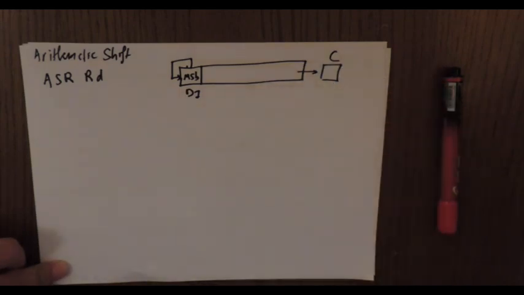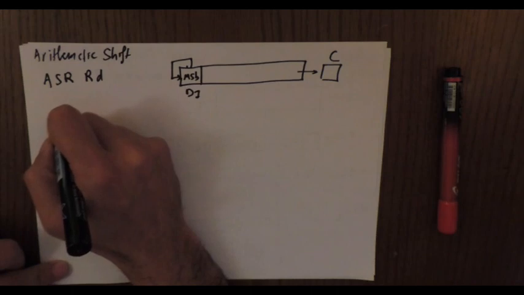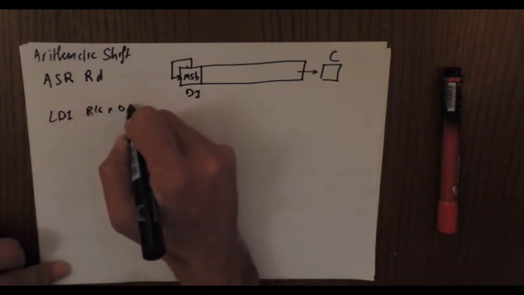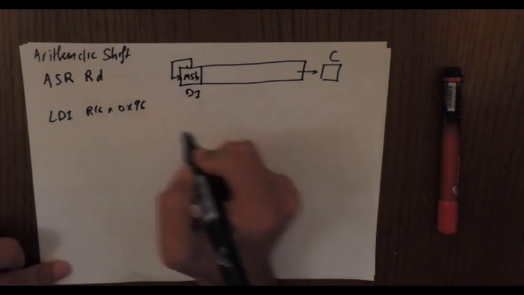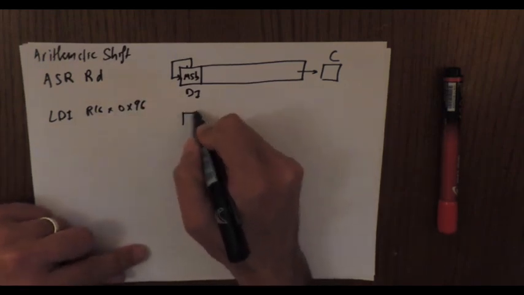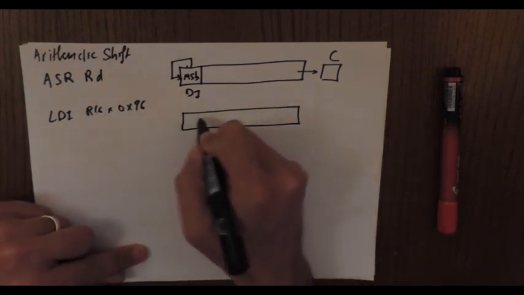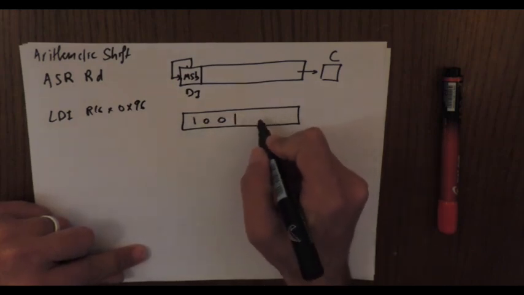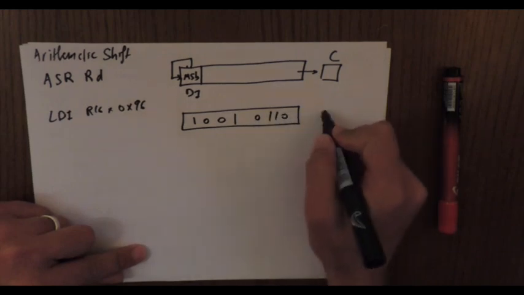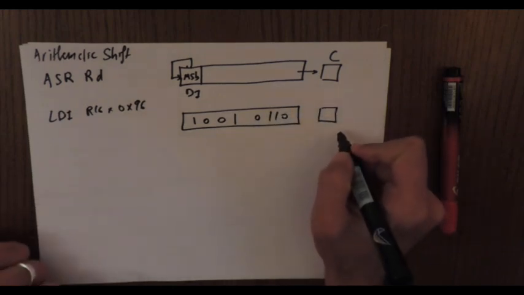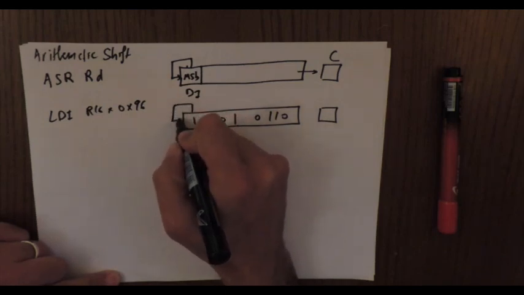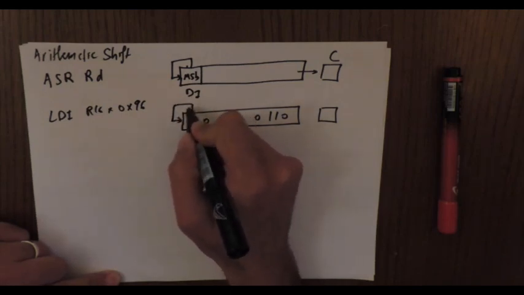Now to take an example, let's say we have LDI R16, 0x96. So let's write this. This is 1 0 0 1, and then 6 is 0 1 1 0, and C. Now when we do an arithmetic shift, this is always being fed.